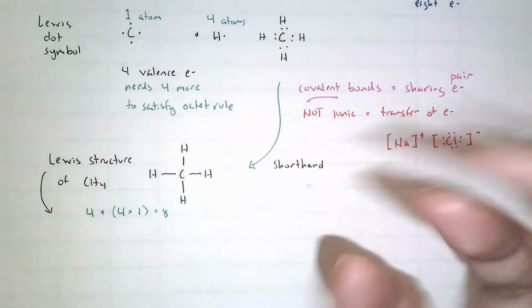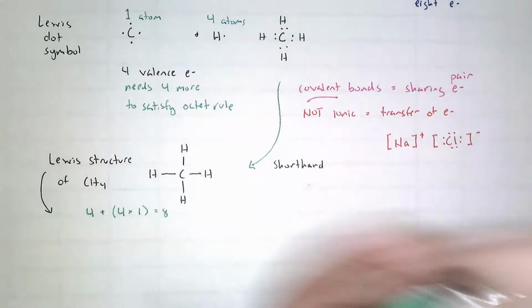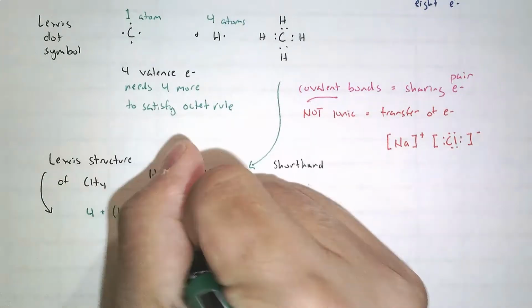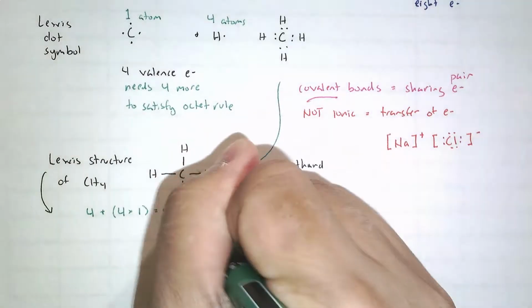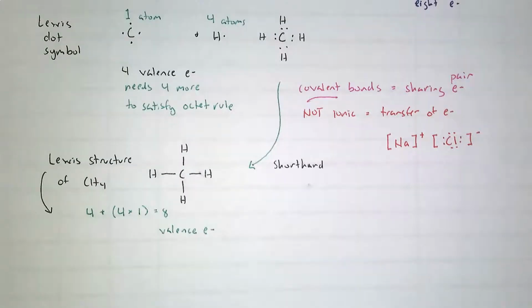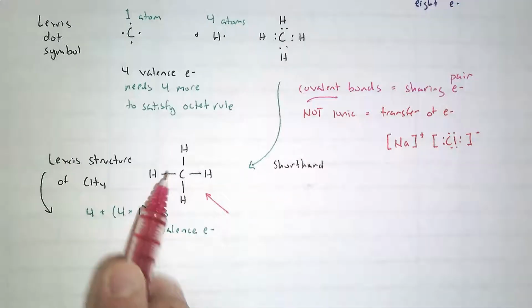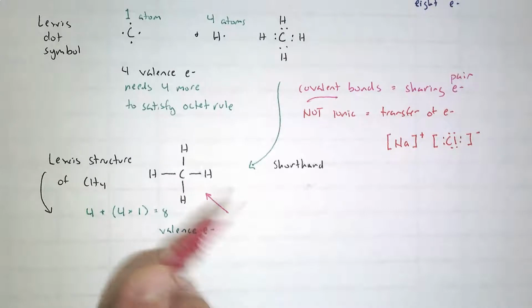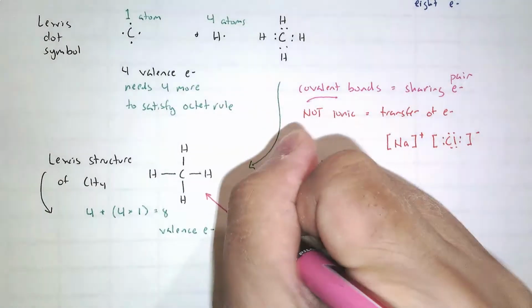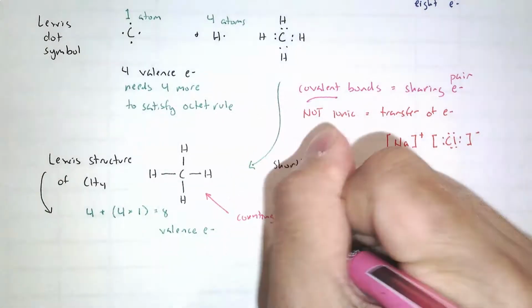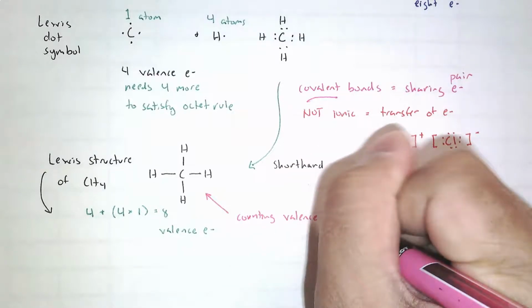Obviously, we're going to have other molecules that have more than 8 valence electrons. But literally, you could count them: 1, 2, 3, 4, 5, 6, 7, 8. So practice counting valence electrons.